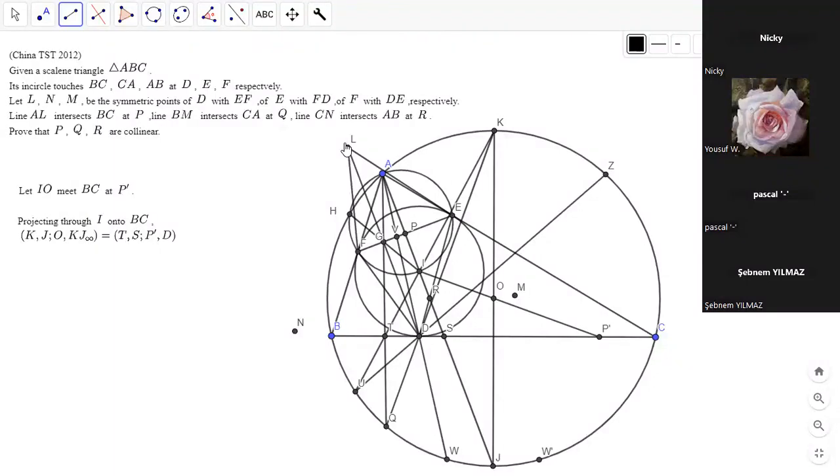Okay, so first, let KI intersect it at T, and let AG intersect BC at T prime.